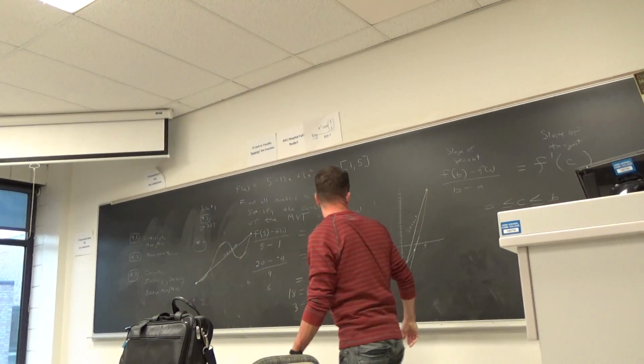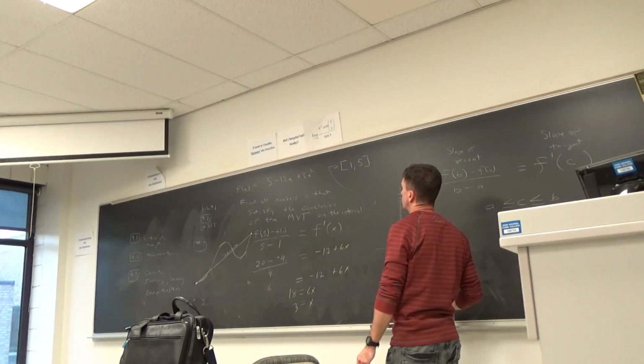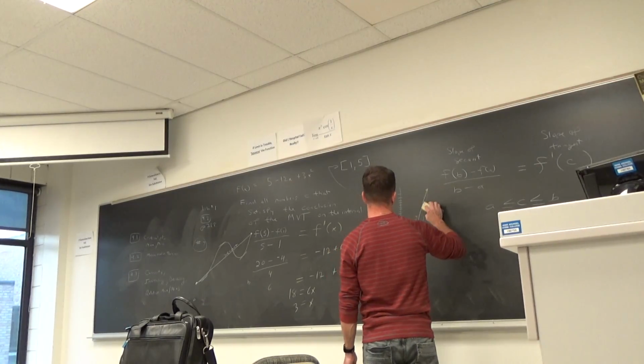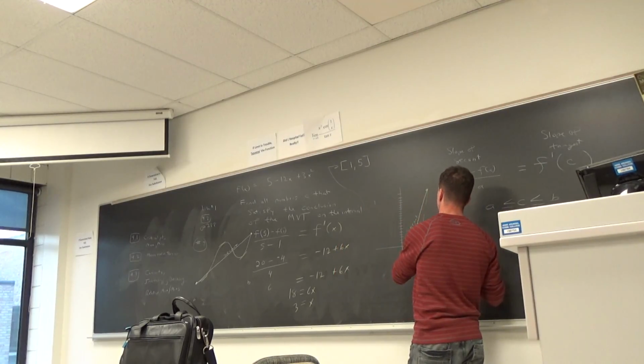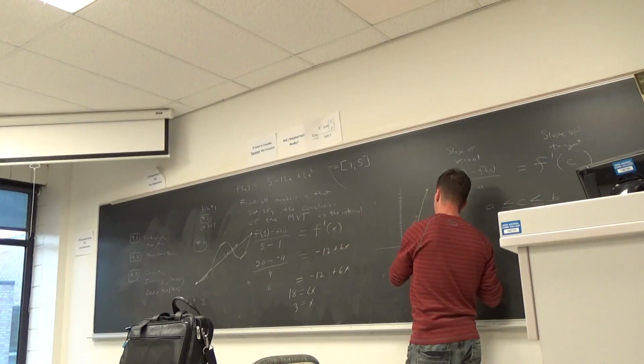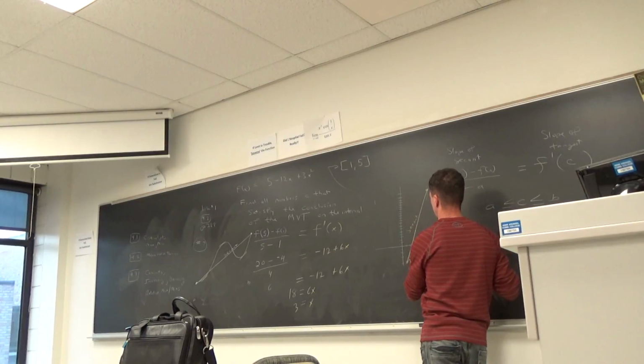Just make sure. I apologize, I should have checked that problem a little bit more carefully. These were right. Guess where the vertex is of this? It's actually a little bit lower in here.